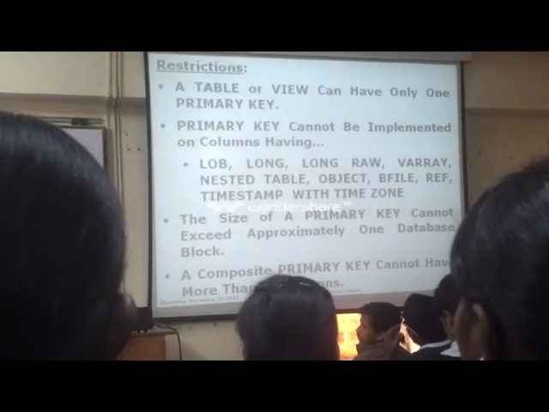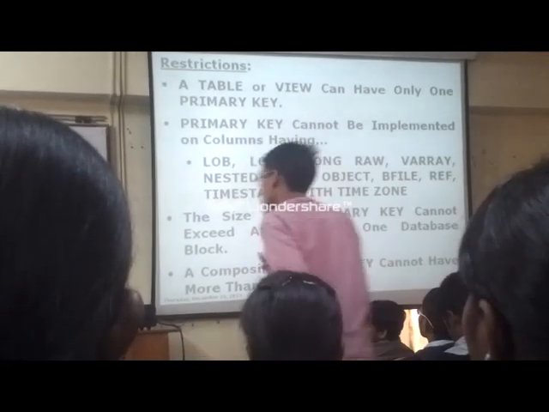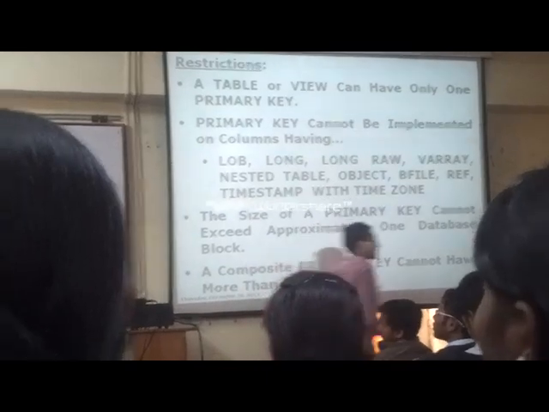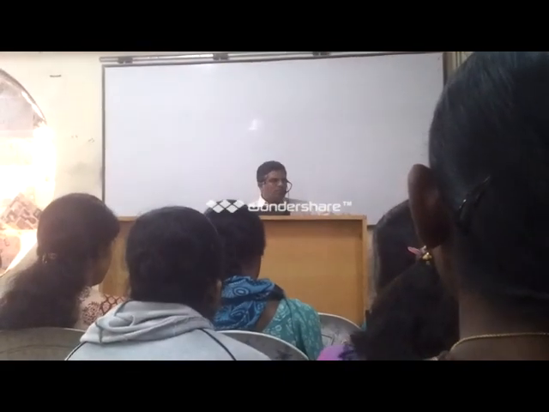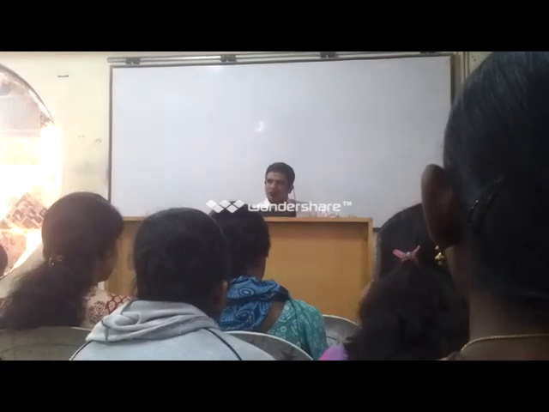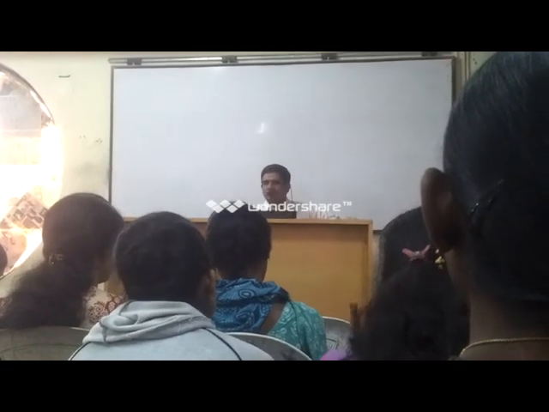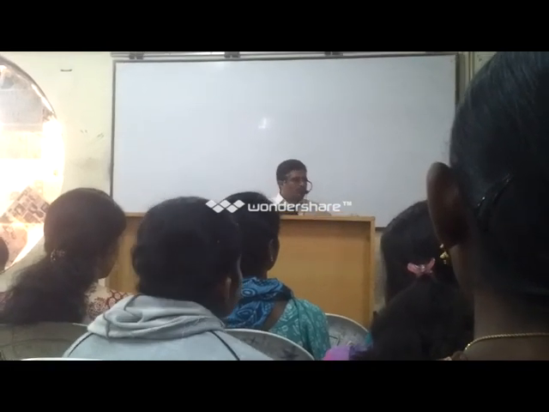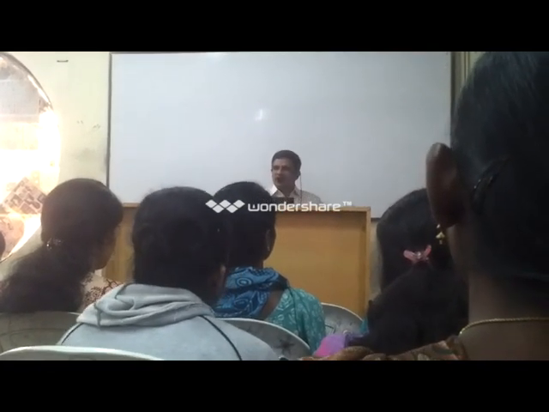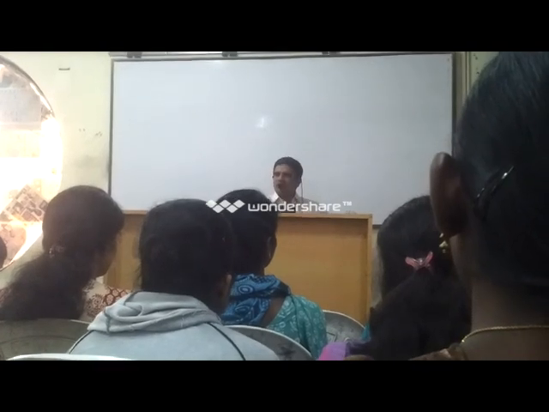Now, when you declare a primary key, I said there is some amount of memory allocation taking place. This memory allocated upon the primary key should be approximately equal to or less than the block size. These blocks of memory are allocated by your admins. It's very rare, but just try to concentrate.